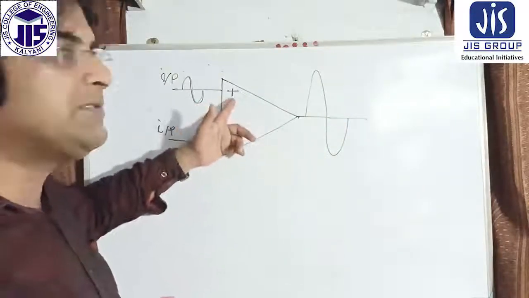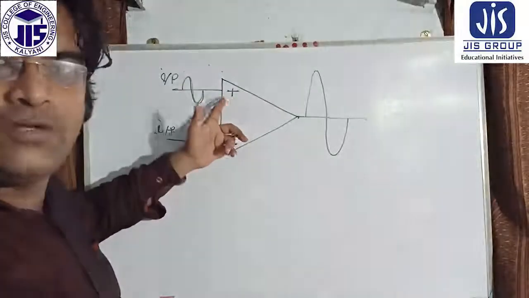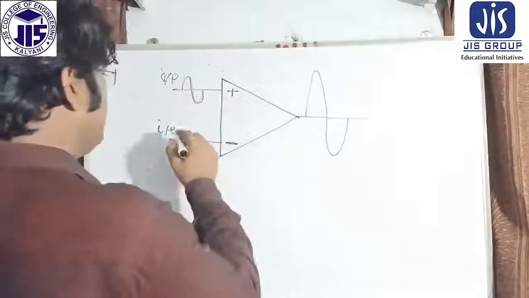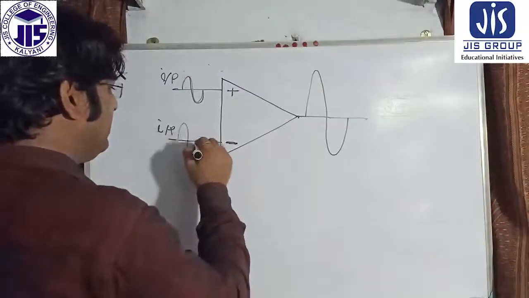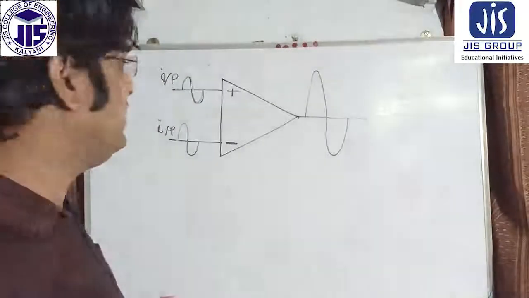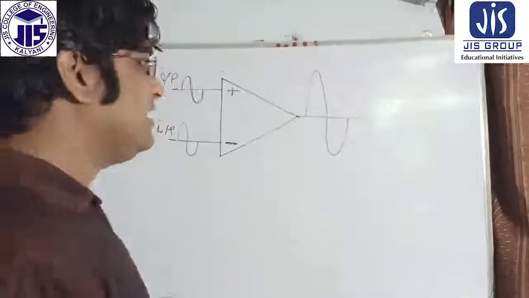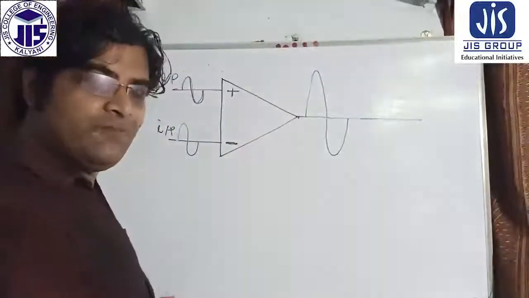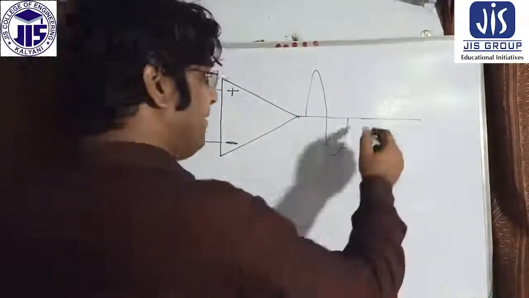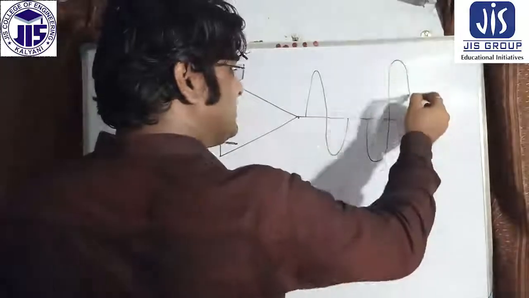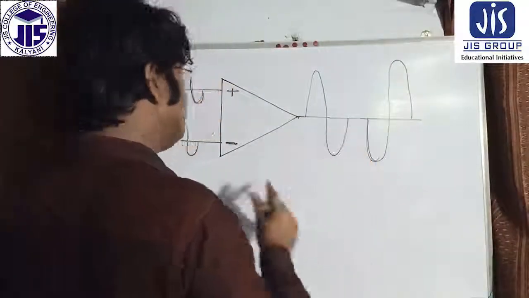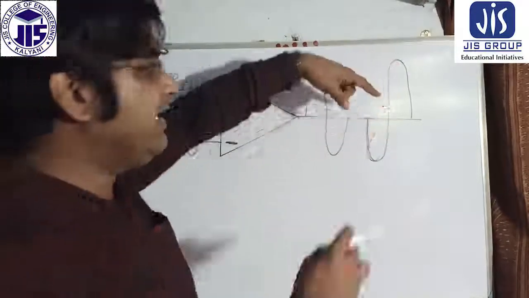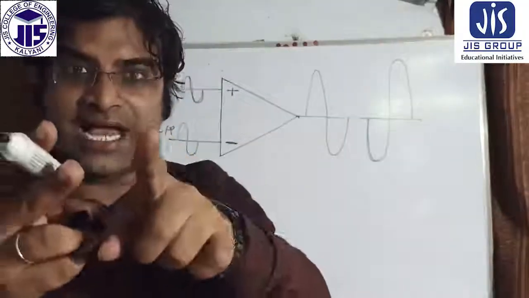So what is the meaning of the non-inverting terminal and the inverting input terminal? Suppose I introduce a signal here. Again I get amplification at the output side, but it changes its phase.